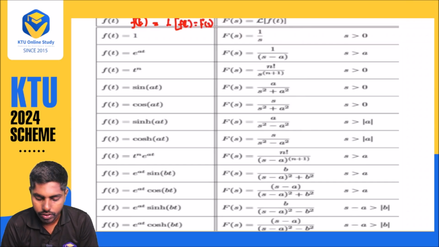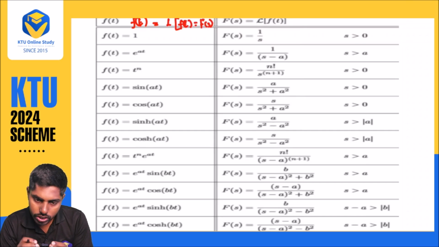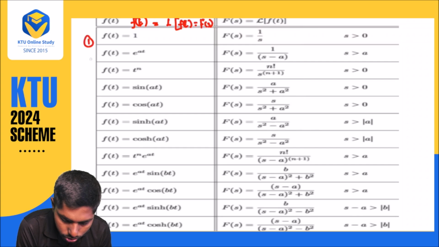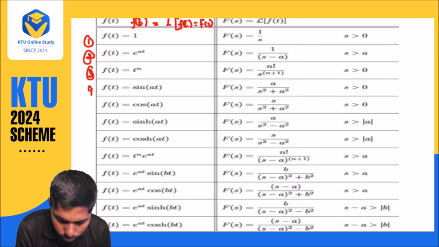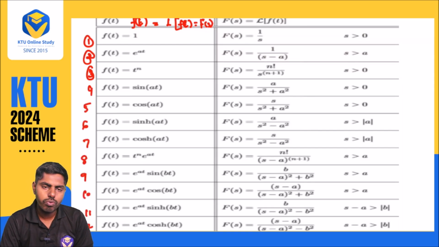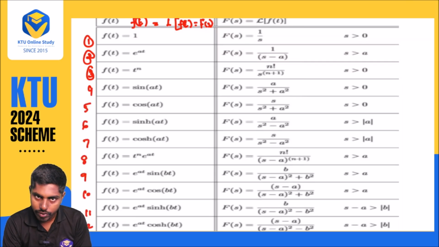We want to study each and every formula. If you count, there are 12 formulas. Twelve formulas are very easy to study. You can recollect them easily, a very simple matter.